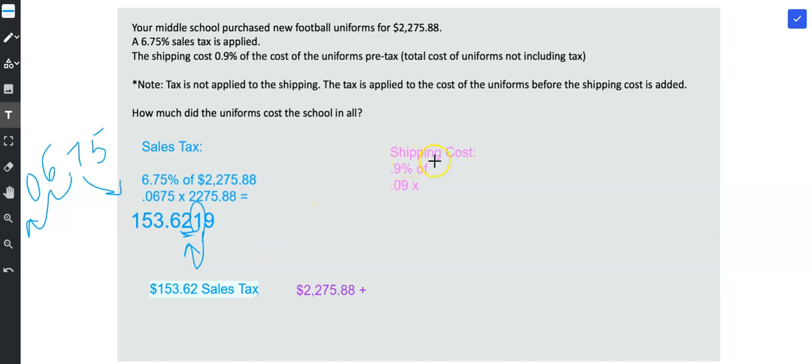Then I start over here writing the shipping cost. Well, the shipping cost is 0.9% of the cost of uniforms before tax is added. So before tax is added, that amount is that $2,275.88.